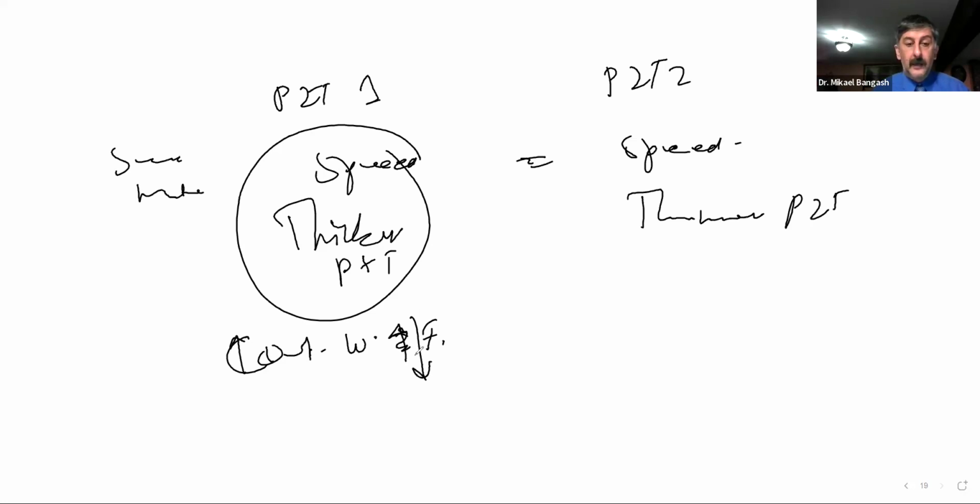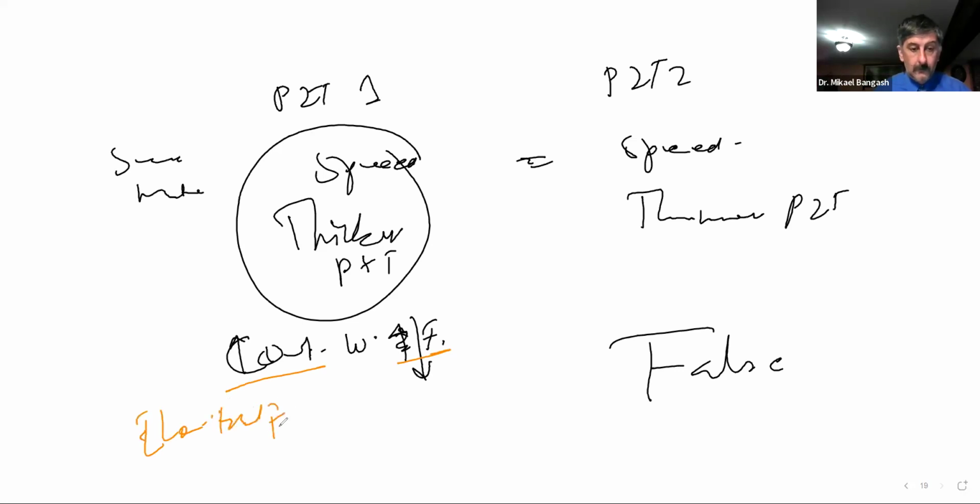And guys, the reason this answer is false is that the frequency of your continuous wave transducer is not dependent upon the thickness of the PZT. This frequency is going to be related to the electrical frequency. Did that make sense?